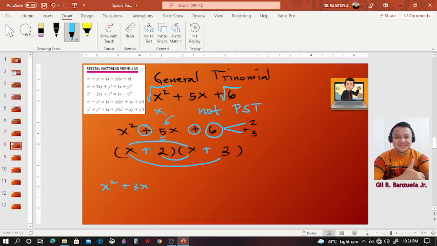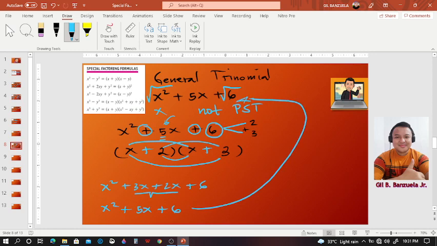Then the inner term, 2 times x, that is positive 2x. And finally, the product of the last term, 2 times 3, that is equal to 6. And then combine similar terms. So therefore, I have x squared plus 5x plus 6, which is the original problem natin kanina.